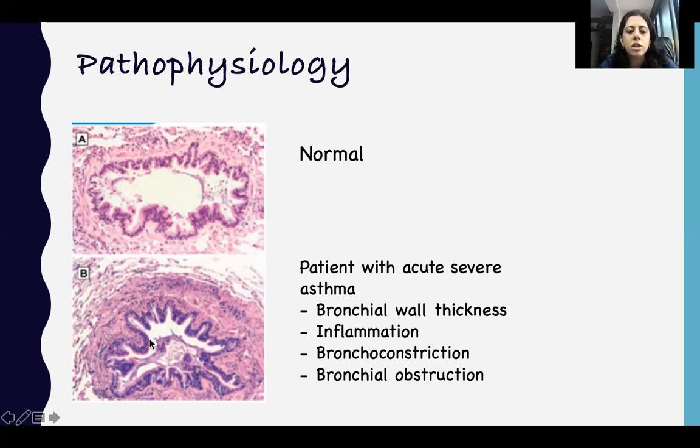There is bronchoconstriction and bronchial obstruction due to secretions and mucosal edema. It is easy to imagine that these abnormalities at the bronchus level increase the airway resistance, not only during expiration but also during inspiration. And this expiratory airway obstruction is of significance to us when we ventilate these patients.